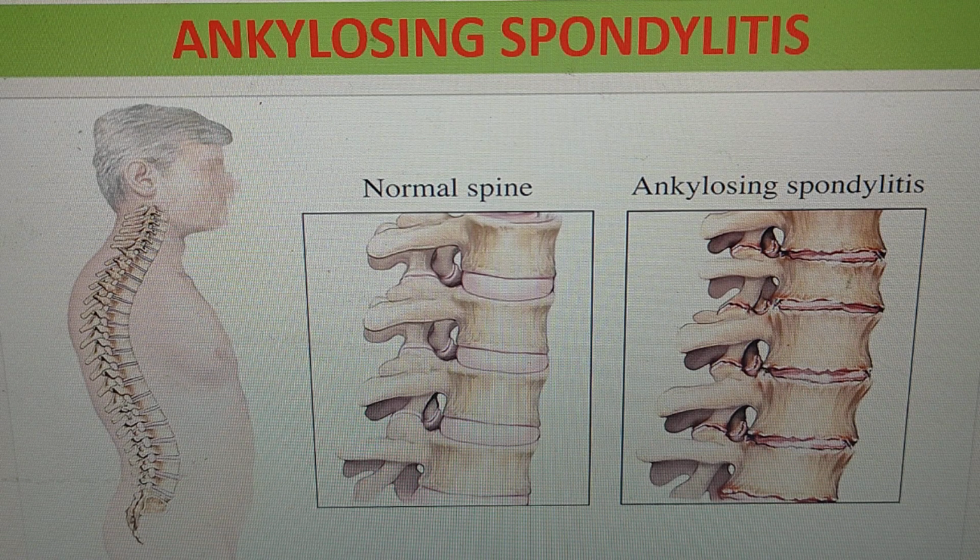As you can see, the disc is thin and the vertebrae is kind of crooked, so meaning it's unhealthy and it is fused, or there's an inflammation in this condition. So that is the picture of this condition.